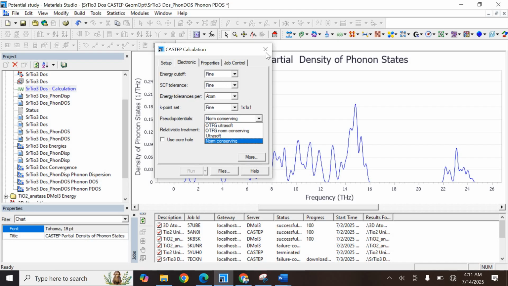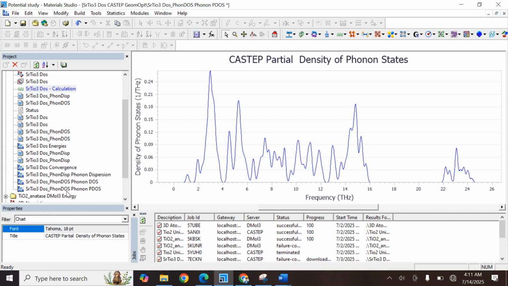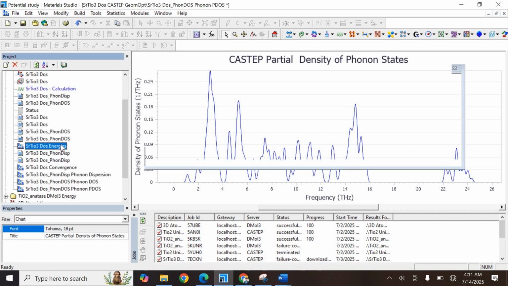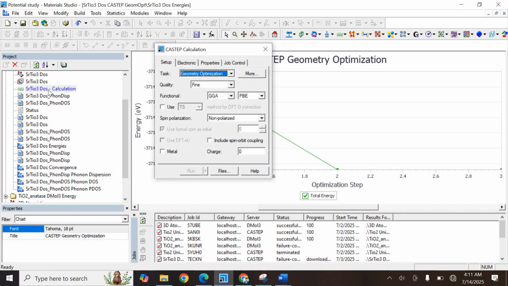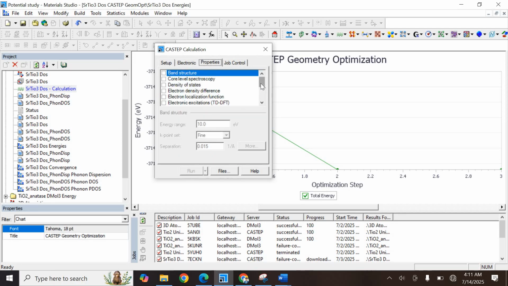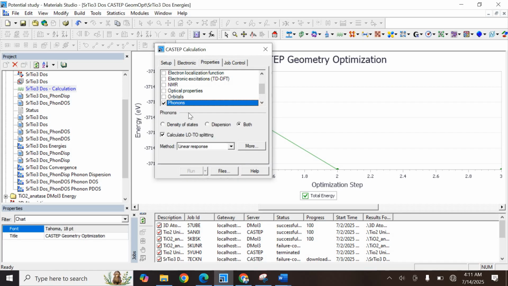Once the structure was optimized, I switched the CASTEP task to properties, and from the properties tab I chose phonon.